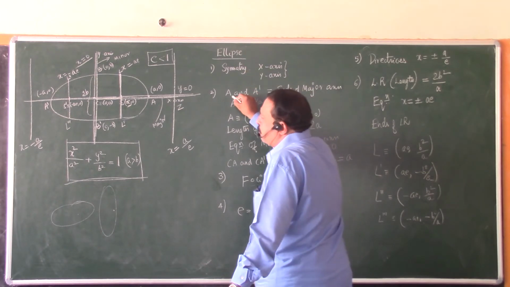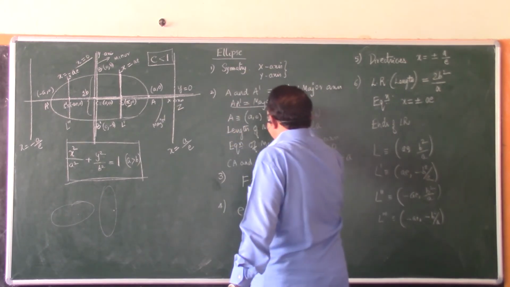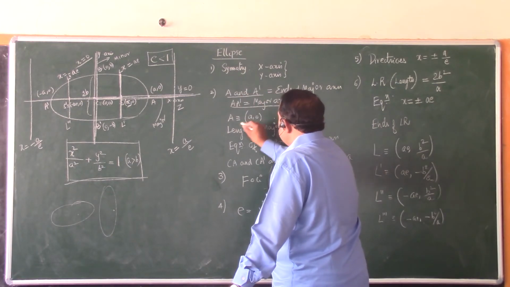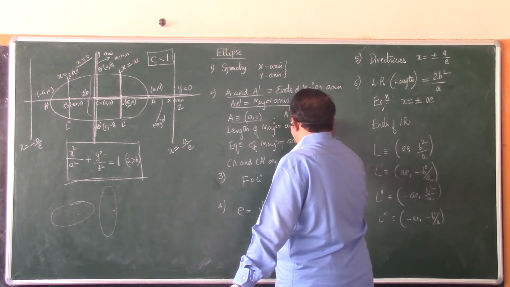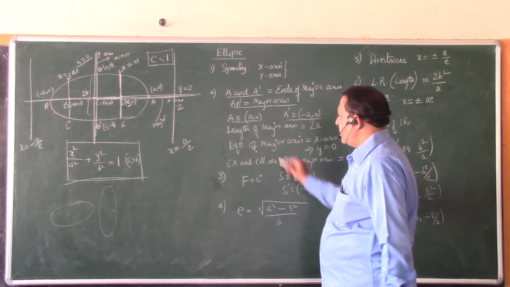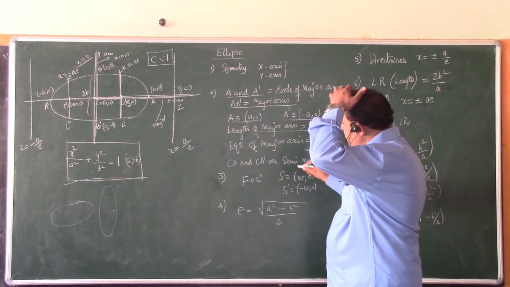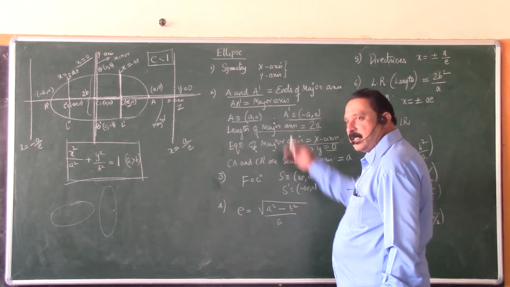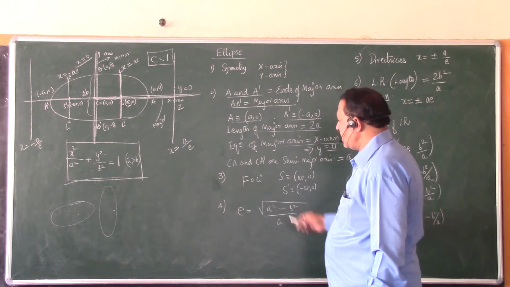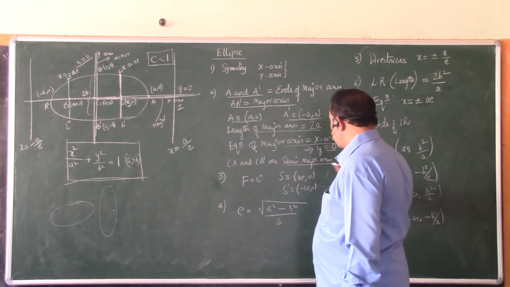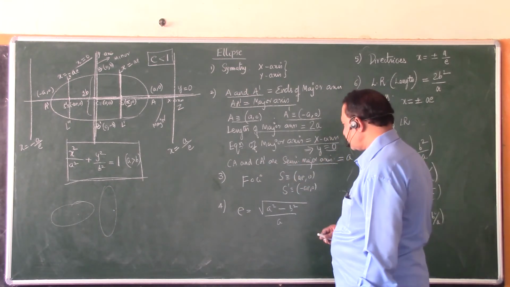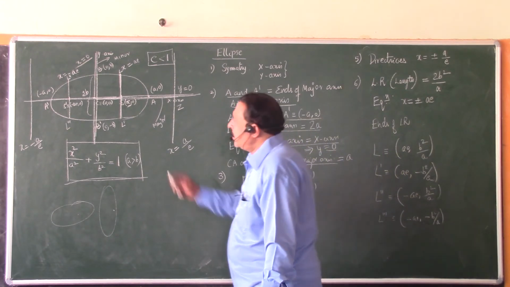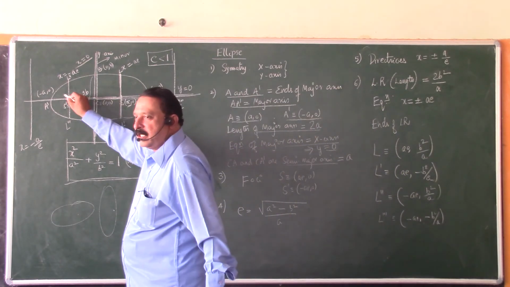About the major axis, A A dash is called the major axis. Its ends are A and A dash, where A is (a, 0) and A dash is (minus a, 0). The length of the major axis is 2a, and similarly for the minor axis. Half the major axis is called the semi-major axis. Due to symmetry, there are two foci for an ellipse, one on the right side, the other on the left side.